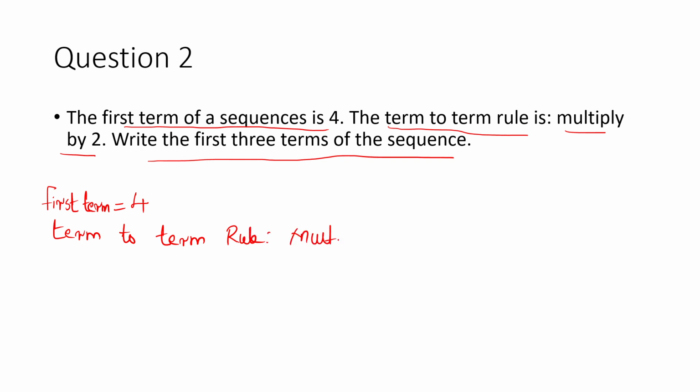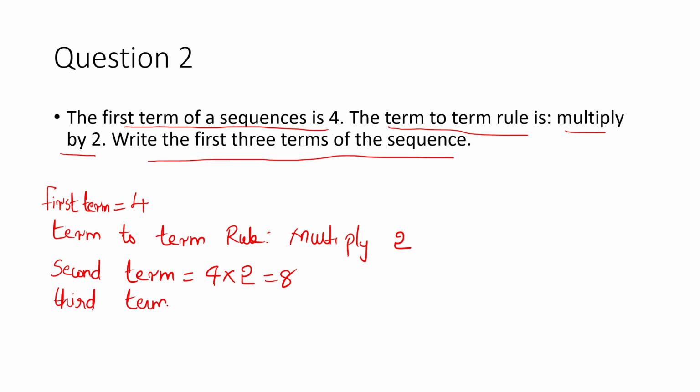Multiply by 2. Okay. So what will be the second term? Second term will be 4 into 2. That is 8. What will be the third term? 8 into 2, 16.